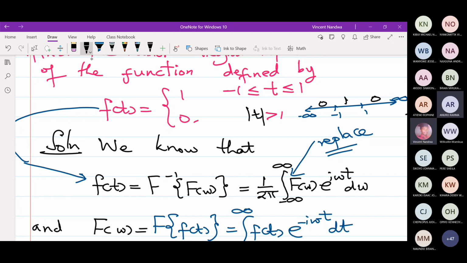So the only part we concentrate on is the part where f of t is not 0.